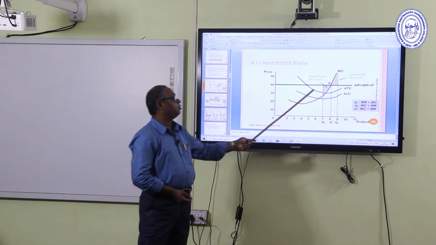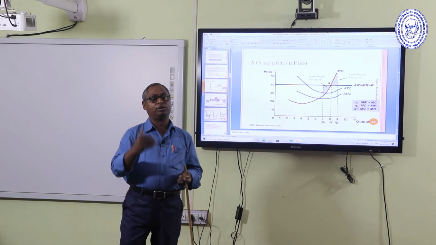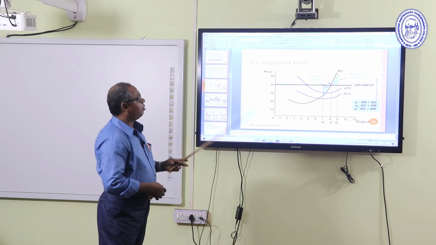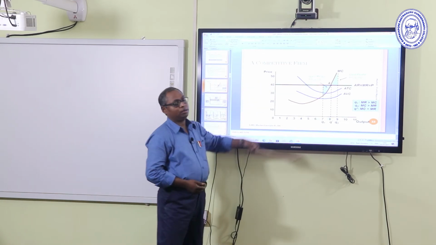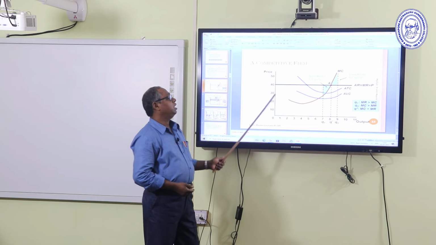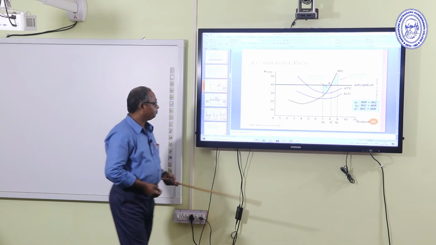So this equilibrium is a stable equilibrium, and this equilibrium is drawn on the basis of the perfectly competitive setup of the market, the demand curve, AR curve, and the neoclassical frame of AC, MC, AVC.